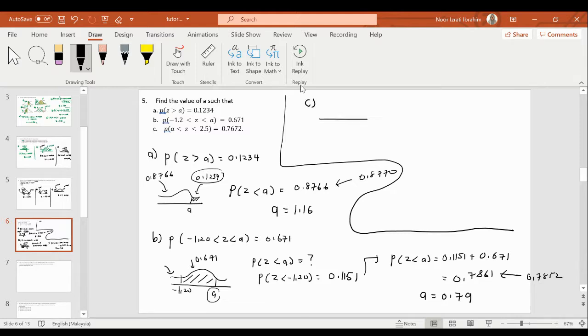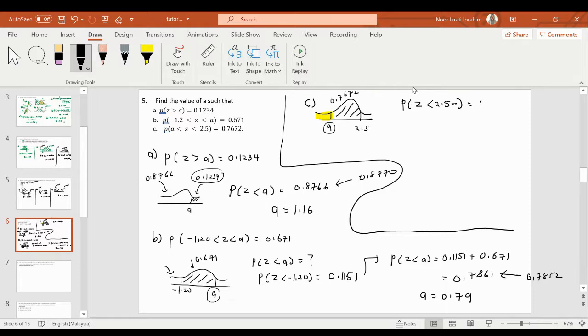For C, we want to find the a value where the probability between a and 2.5 is given as 76.72%. So this is 0.7672. To find this, you need to know the yellow area here, because we need to find a. To know the yellow area, first you have to find the probability when z less than 2.50.